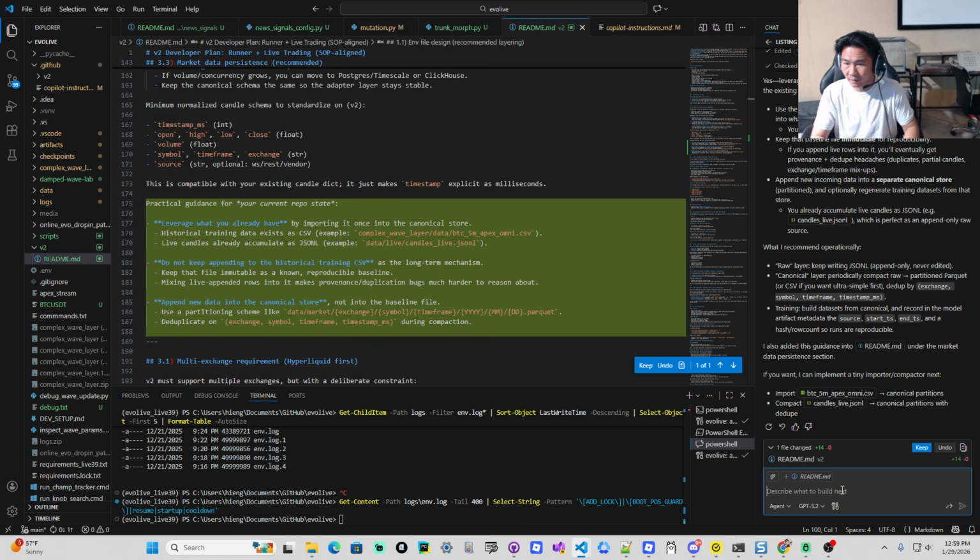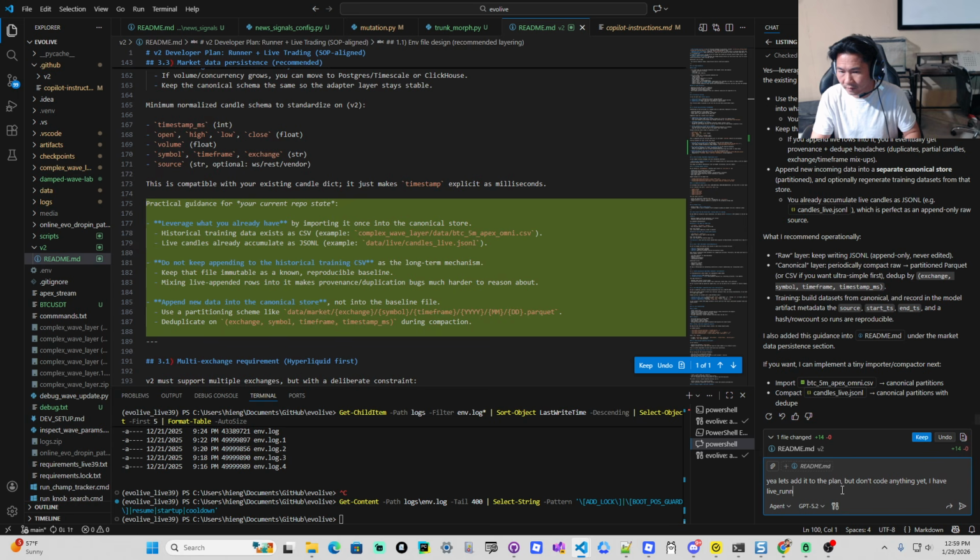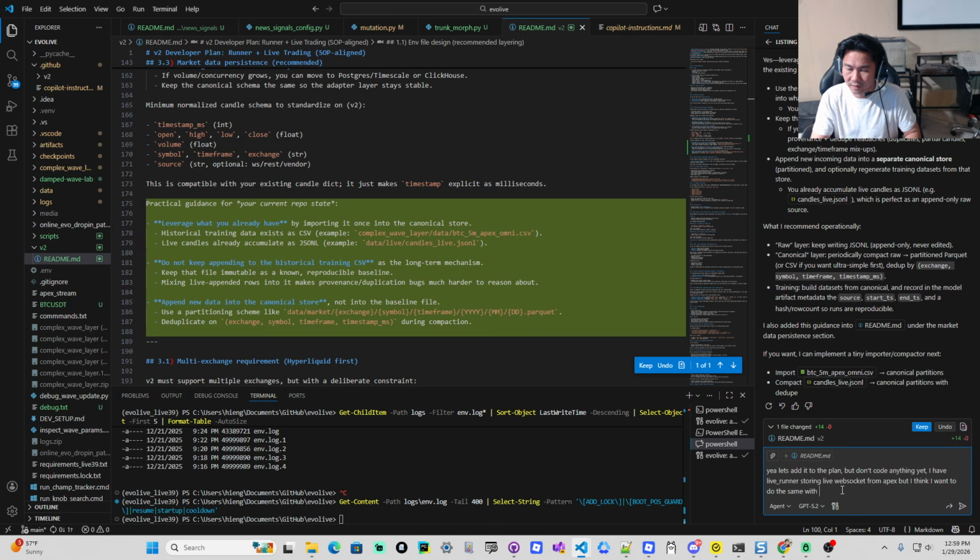Okay. Yeah. Let's add it to the plan, but don't code anything in it yet. I have a live runner, live WebSocket from Apex, but I think I want to do the same with Hyperliquid.